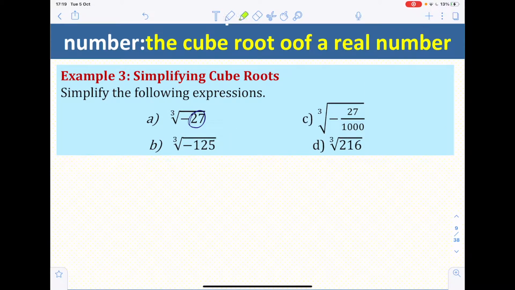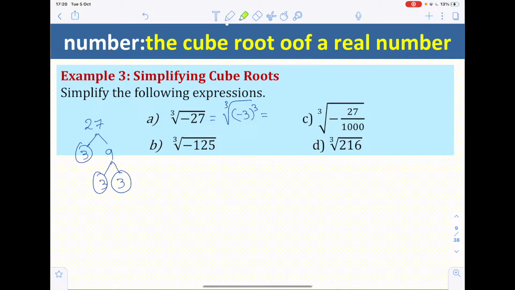We have here the third root of negative 27. So I can write negative 27 as negative 3 to the power 3. If you don't know, you can just factorize 27 to 3 times 9, then 9 is 3 times 3. So you can write 27 as 3 to the power 3.